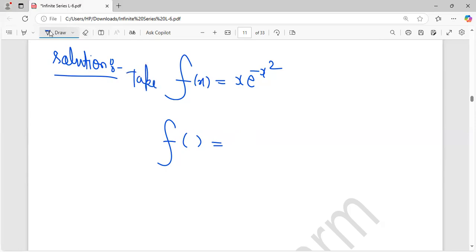Take this function. Then f(1) is equal to 1 upon e, that is greater than 0. Okay.